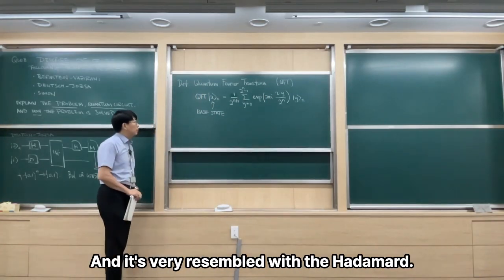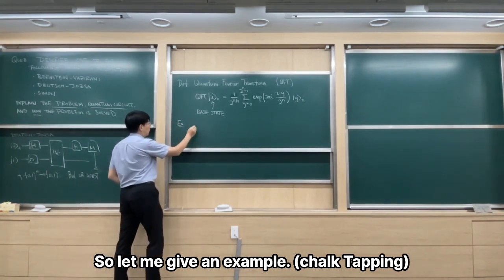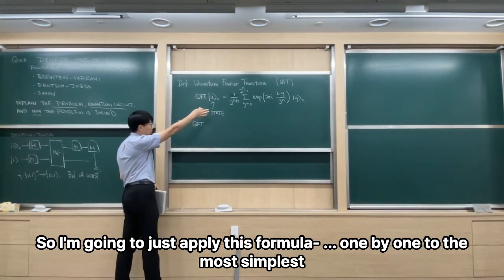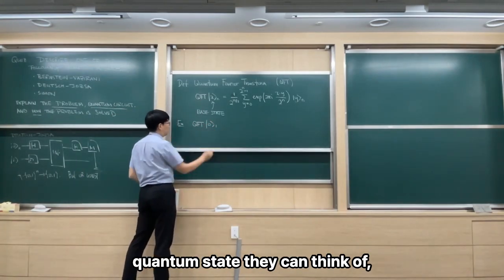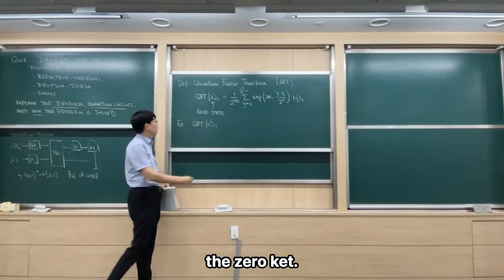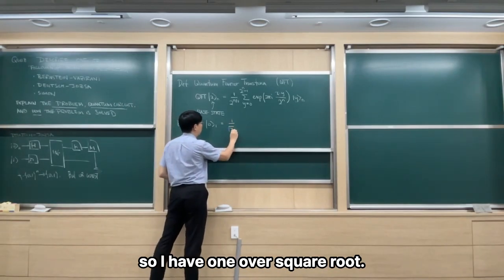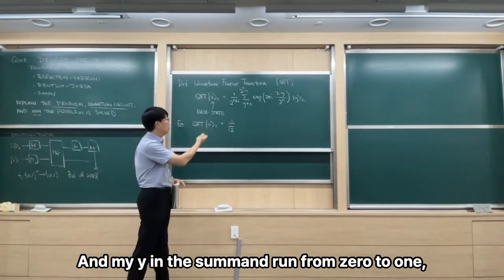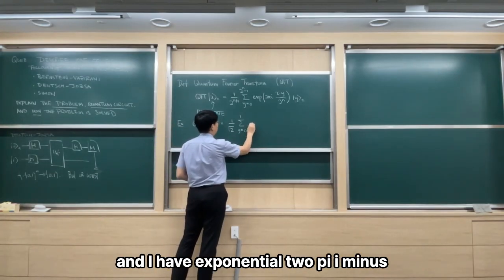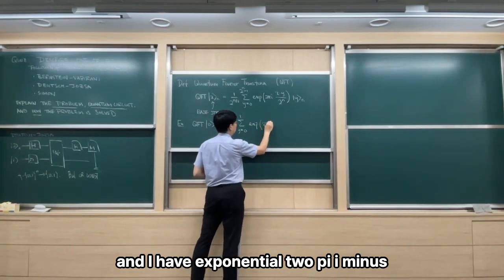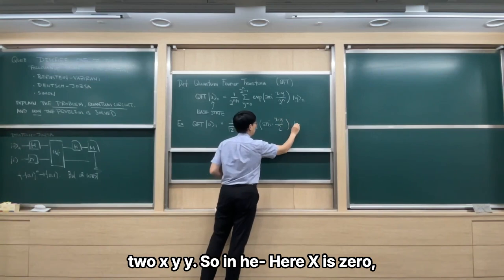And it closely resembles the Hadamard. So let me give an example. I'm going to apply this formula to the simplest quantum state you can think of, the zero ket. In this case, n equals 1. So I have 1 over square root of 2, and my y in the sum runs from 0 to 1, with exponential 2 pi i times xy over 2.